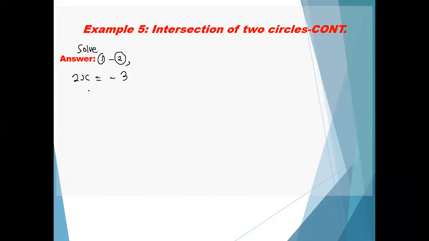Okay, so you got x is equal to negative 3 over 2. So we substitute x is equal to negative 3 over 2 into the first equation.